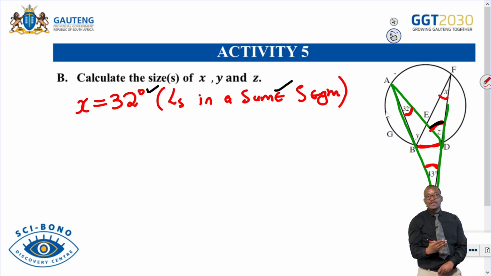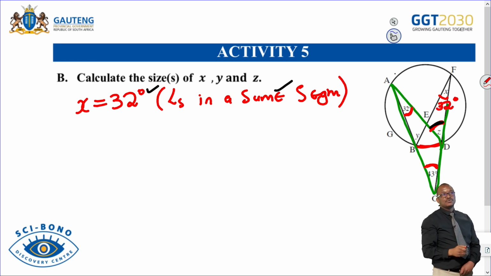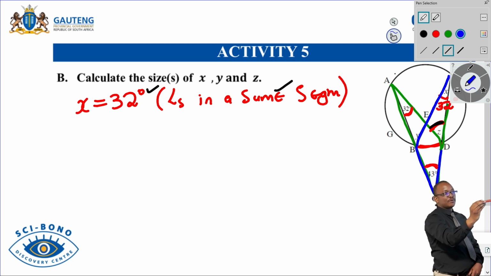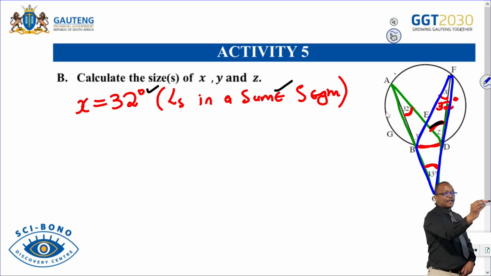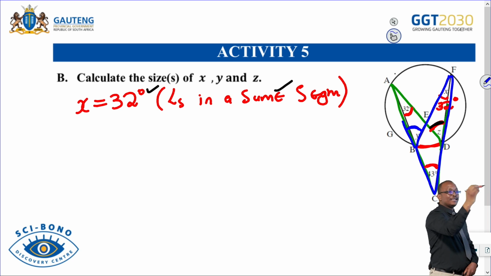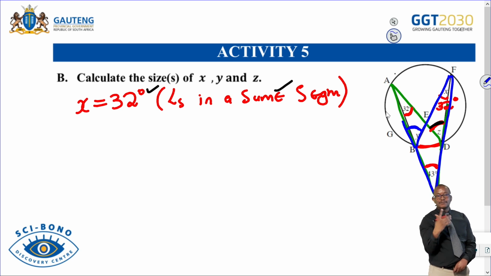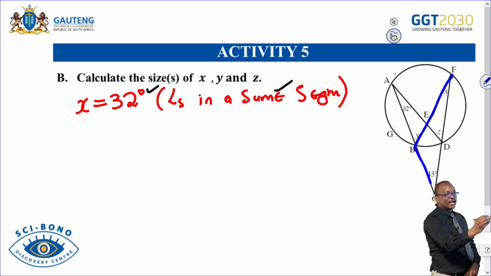Hence, I said there are so many ways to answer this type of a question. One could have said, no, I know that now my x is 32. I am having another triangle that I can work with, having your y as an exterior angle of a triangle. You see now the blue triangle that I've drawn there, it gives you the exterior angle of a triangle.